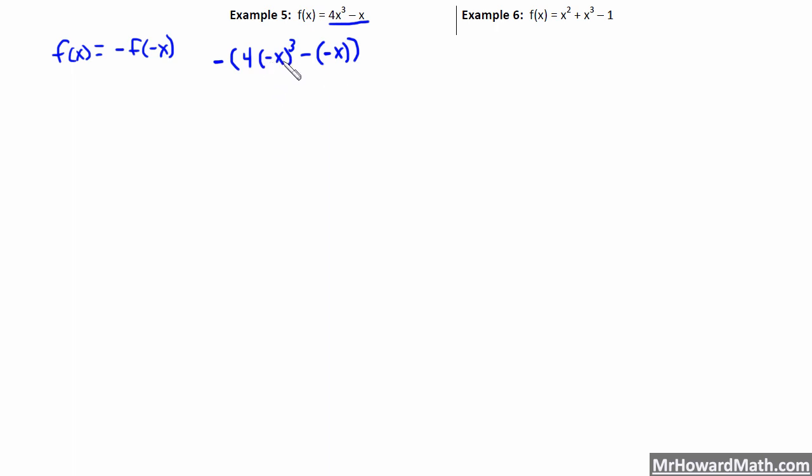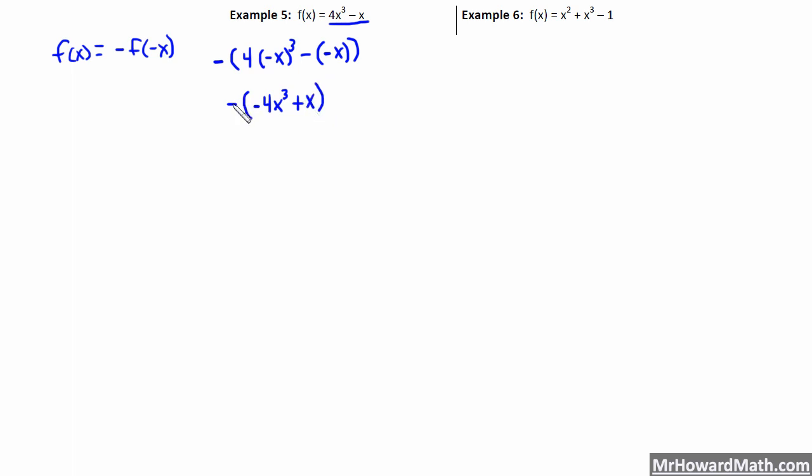Negative x raised to the third power means negative x times negative x times negative x, so it's still negative. That's going to give us the opposite of negative 4x cubed, because if you cube negative x, it's still going to give you a negative. Then we have negative negative here, so that's going to be plus x.